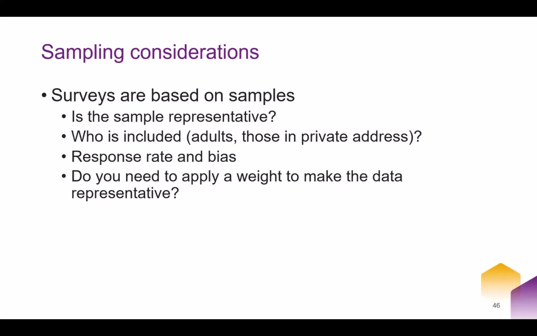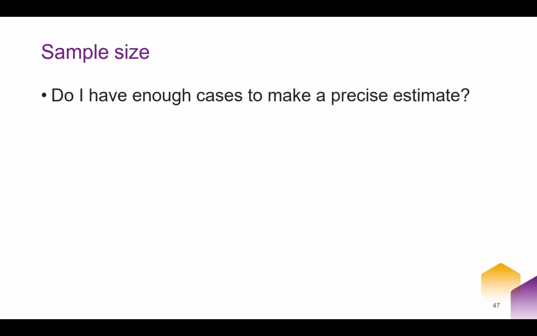You need to think about whether you need to apply a weight to make the data more representative. We do have a data skills module on weighting, so if you're interested in honing your skills, do check out some of our data skills modules as well.